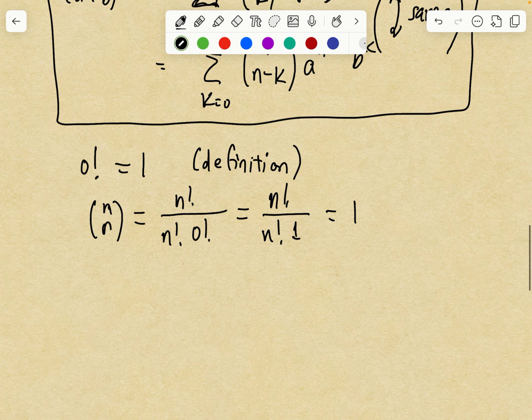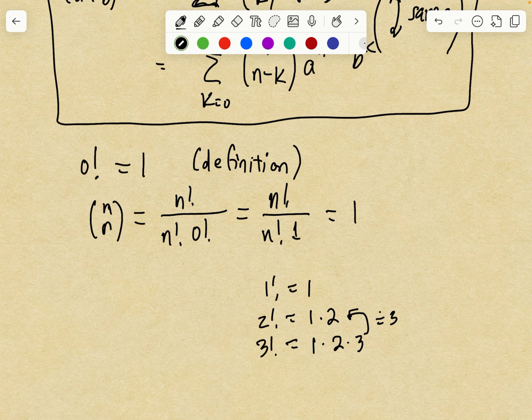Also, it fits the pattern: 1 factorial is 1, 2 factorial is 1 times 2, 3 factorial is 1 times 2 times 3. To go from 3 factorial to 2 factorial, you divide by 3. To go from 2 factorial to 1 factorial, you divide by 2. And if you continue the pattern, you divide by 1, you get 1.